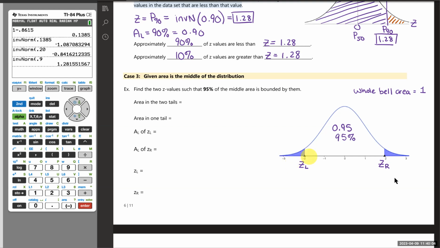To find out what's in the tails, we use the rule of complements. If you take 1 and subtract the middle, that gives you what's left over in your tails. That will be 0.05 or 5%. If I want to know how much is in each tail separately, I take that two-tail area, 0.05, and divide by 2. That'll be 0.025.